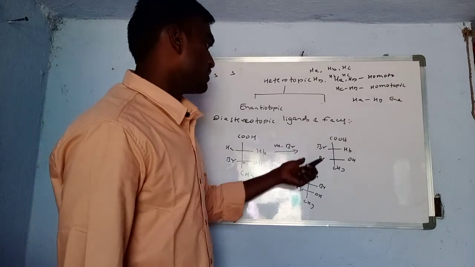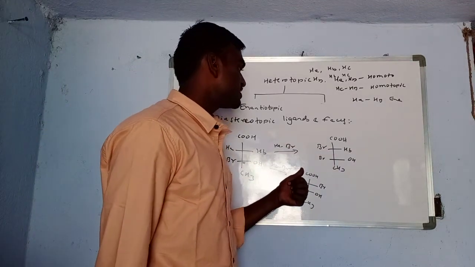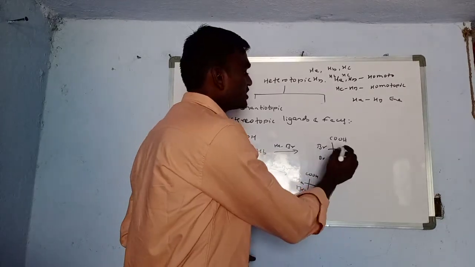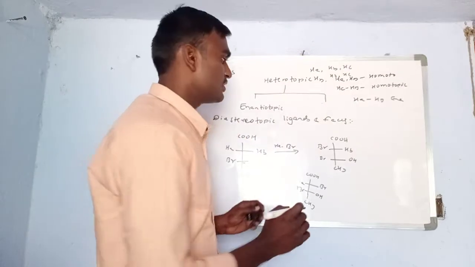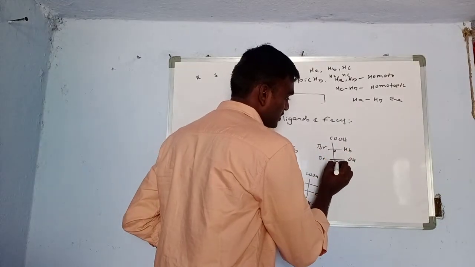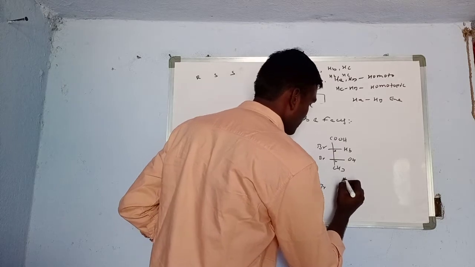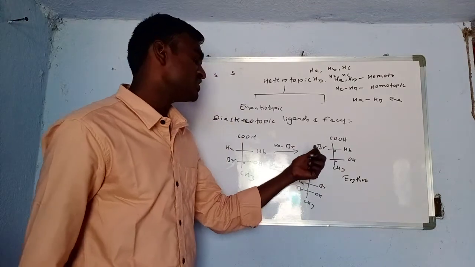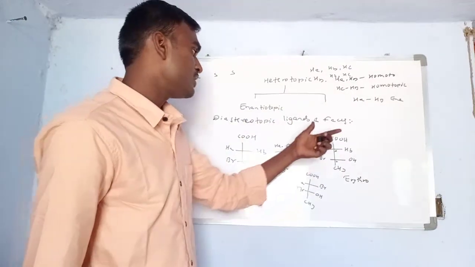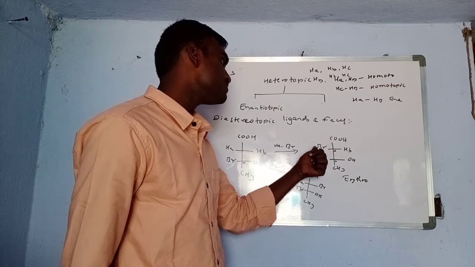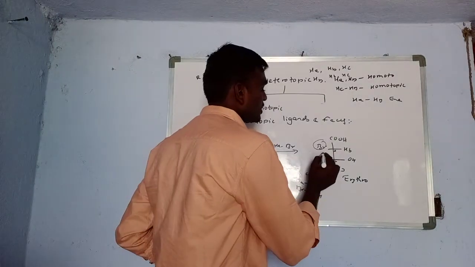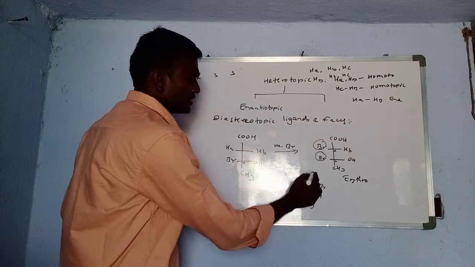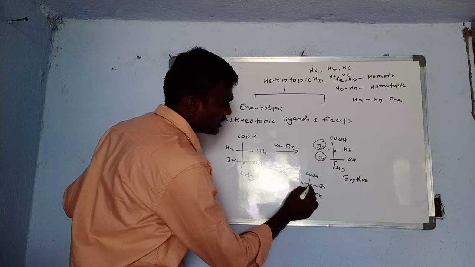Whenever more than one chiral center is present, in Fischer projection form, if at the chiral centers both groups are on the same side, that is known as erythro. If these two bromines are on the same side, then these are known as erythro.